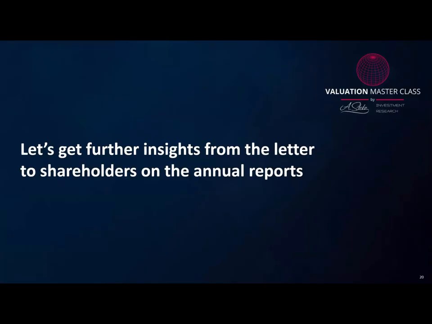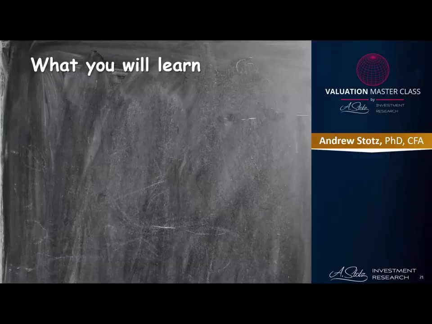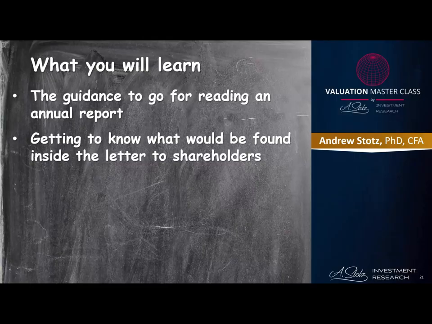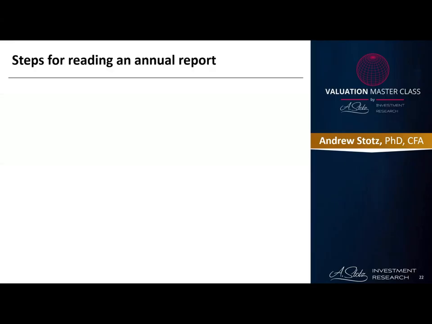Let's go a bit further inside the annual report. What you will learn in this section are the guidelines for reading an annual report, and getting to know what is found inside the letter to shareholders. Let's see some steps for reading an annual report first.